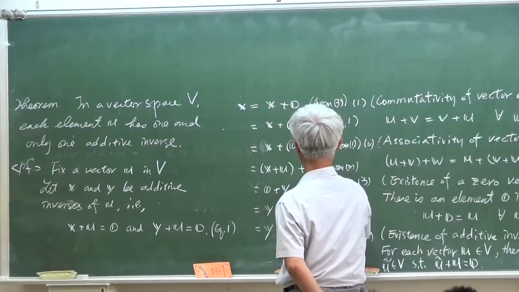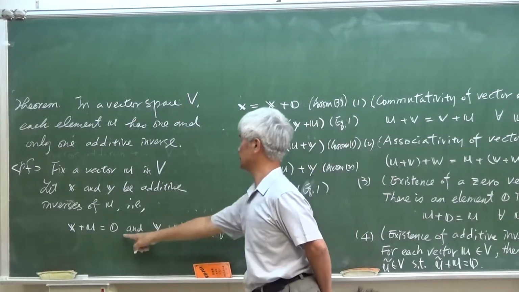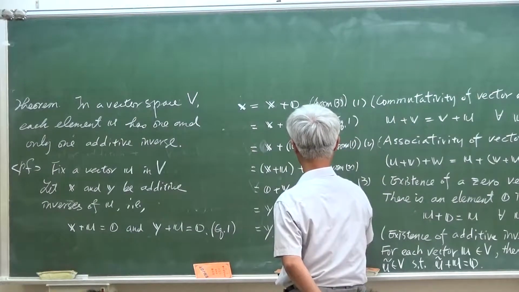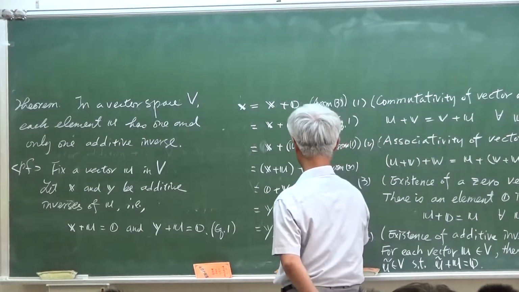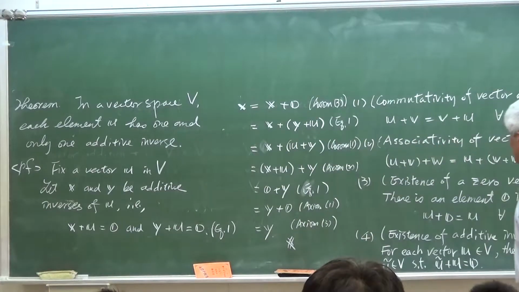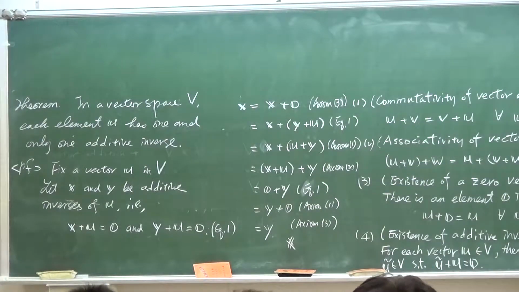And this is from equation 1. And again axiom 1, commutativity. And finally axiom 3. So now we know for any vector u, u has one and only one additive inverse.